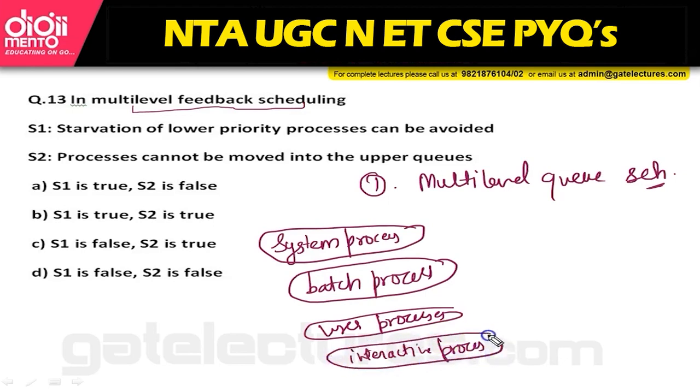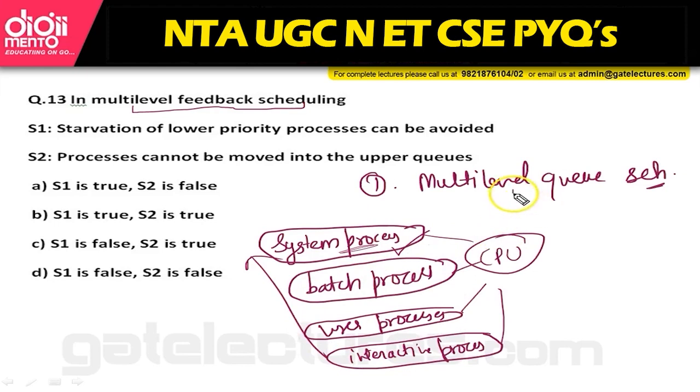So there are many queues, and the CPU will execute them on the basis of their priority. If system processes have higher priority, then these processes will be executed first, and only then these other processes. But here the chance of starvation was there. Why? Because obviously system processes have higher priority and only they will get scheduled. Every time they ask for the CPU, they will get it, and these will starve. So the problem here was starvation.